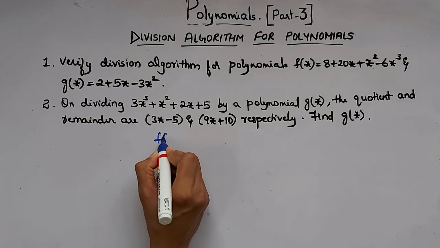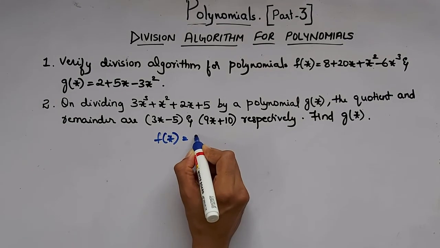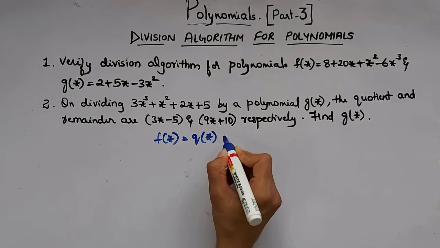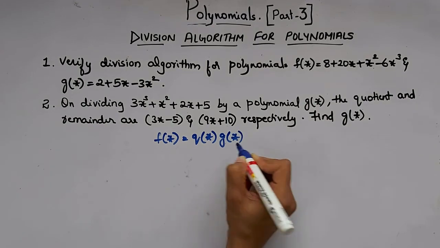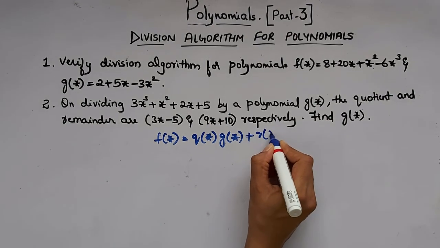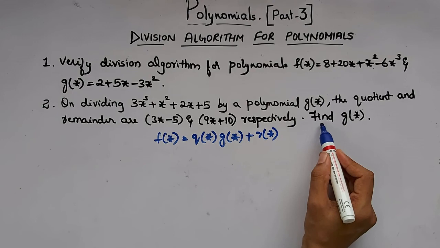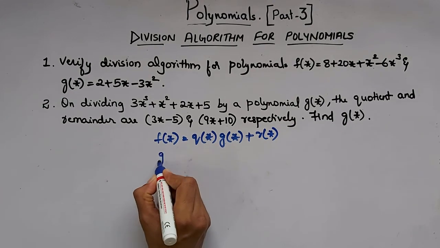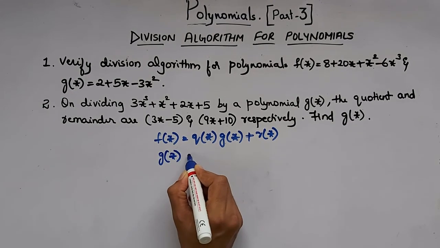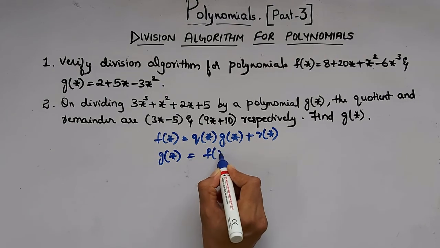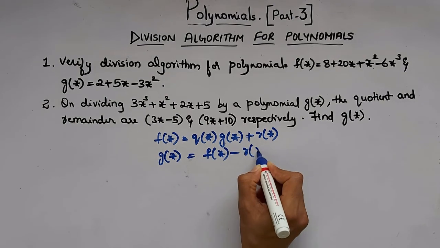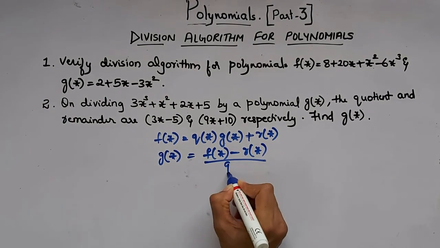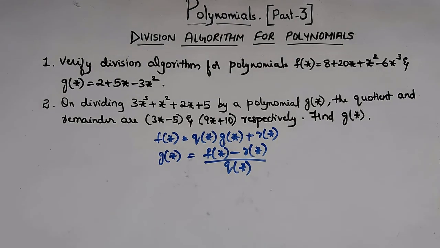So we know f of x is equal to q of x into g of x plus r of x, right? Here you have to find g of x. From this equation, g of x is equal to f of x minus r of x by q of x, right? So do try this out.